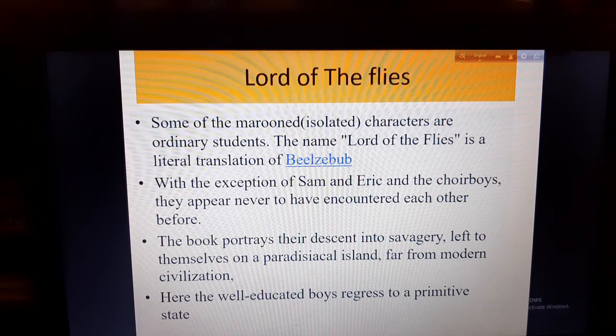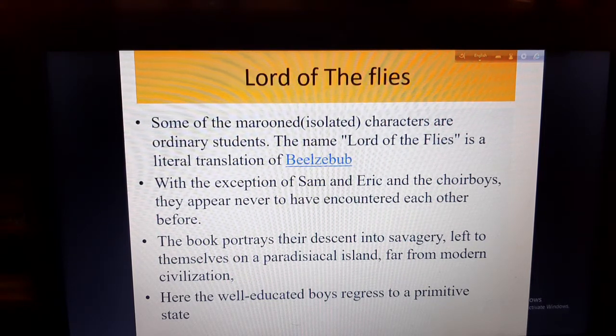The book portrays their descent into savagery, left to themselves on a paradisical island far from modern civilization. Here, the well-educated boys regress to a primitive state.